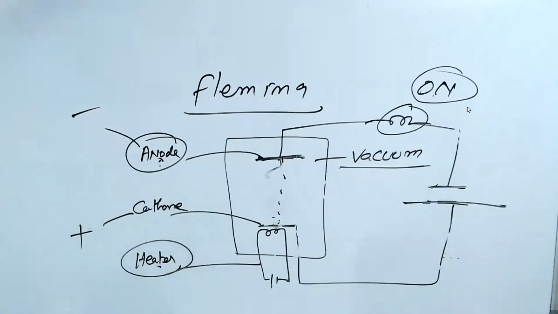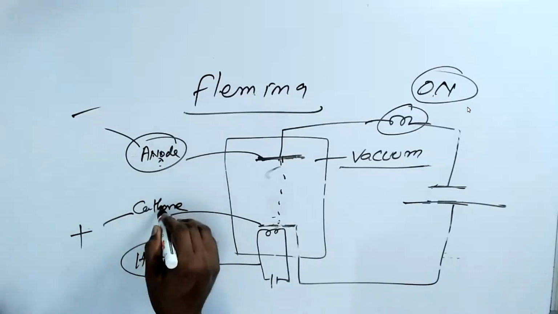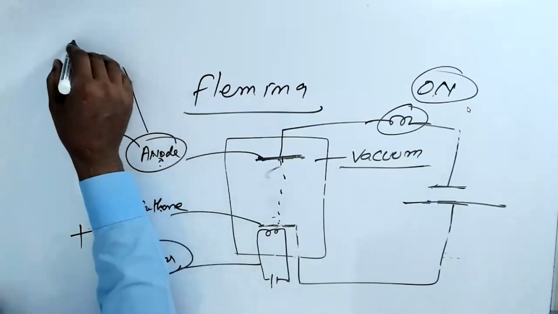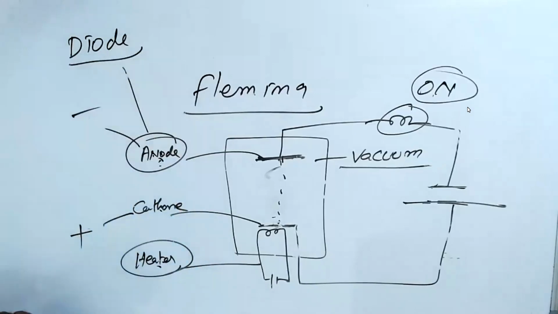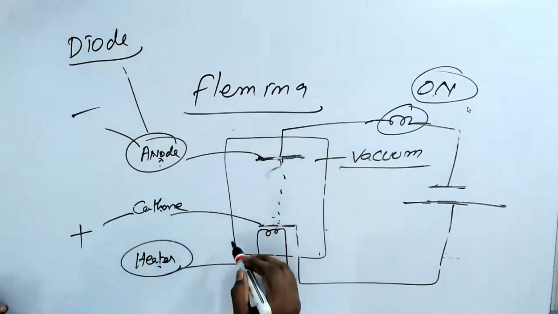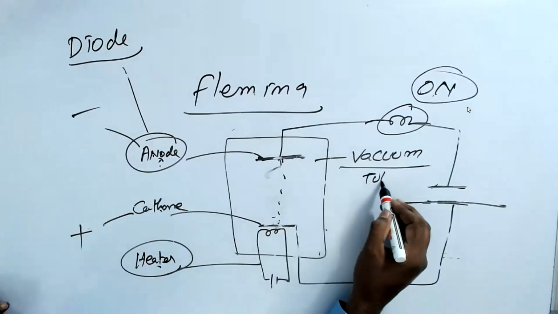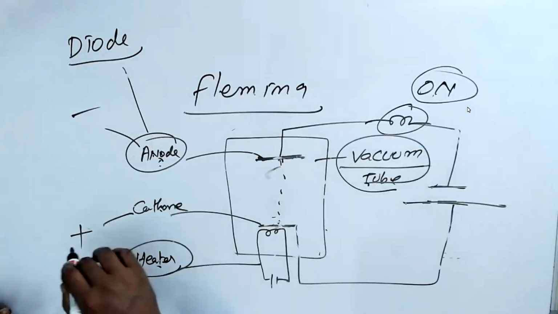You understand now? This is anode and cathode, that's the only thing. Since there are two, anode and cathode, they first called this a diode. And this one is a vacuum tube.